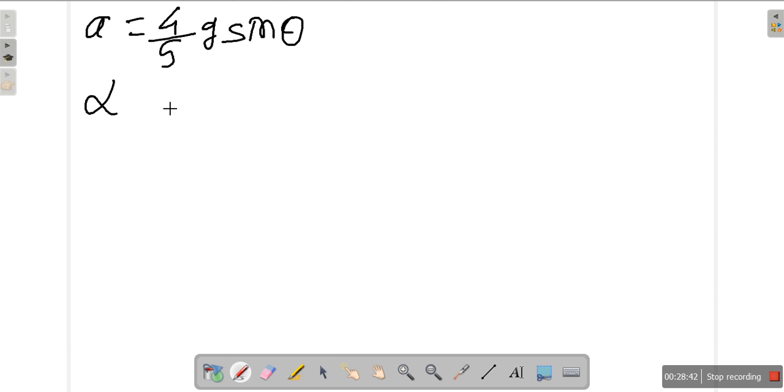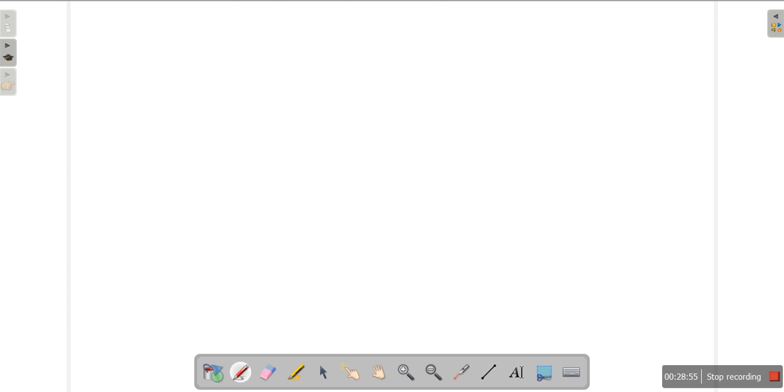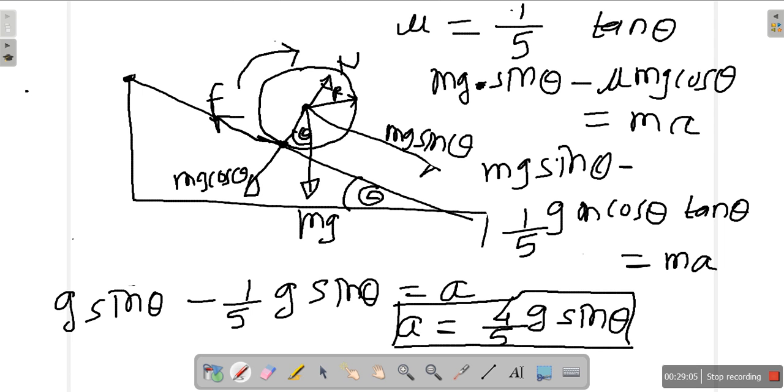And what was alpha? I missed alpha. Anyway, let us calculate alpha again. A is 4 by 5 g sine theta.